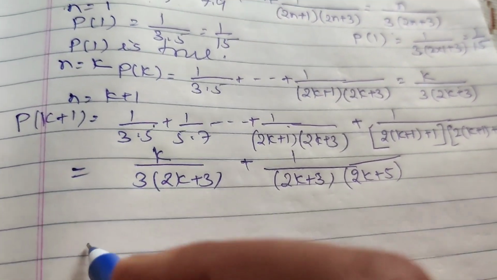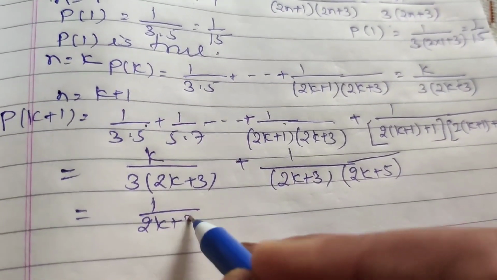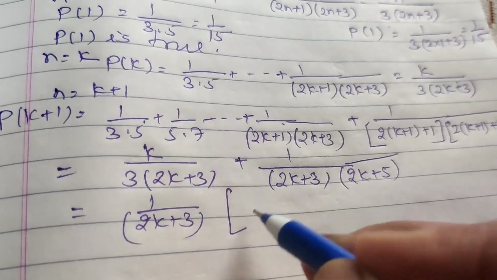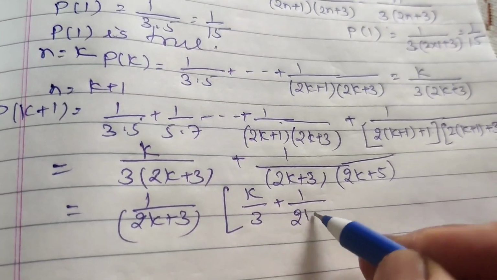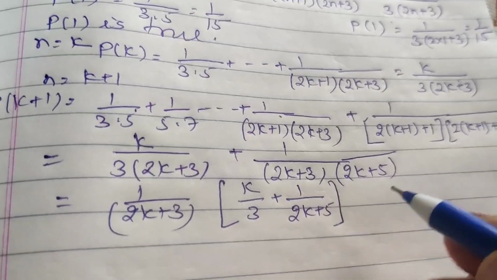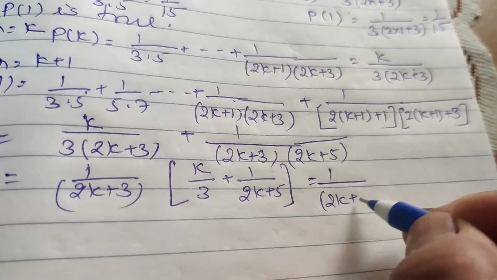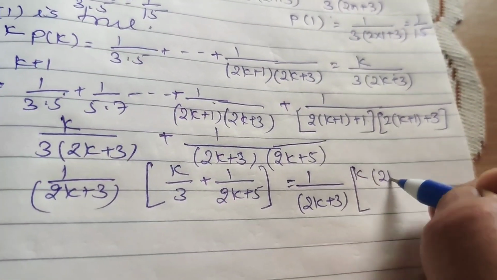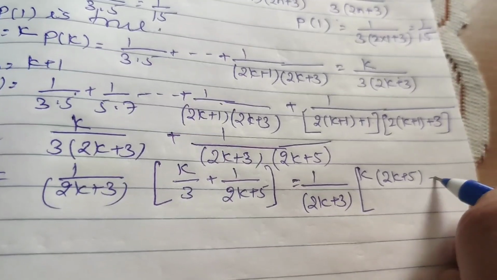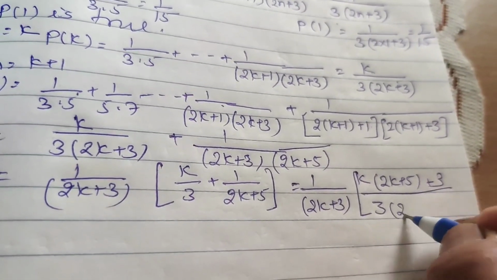Now take common and solve. 1 upon 2k plus 3 common. We get k by 3 plus 1 upon 2k plus 5. The next term equals 1 upon 2k plus 3 times k into (2k plus 5) plus 3 by 3 into (2k plus 5).